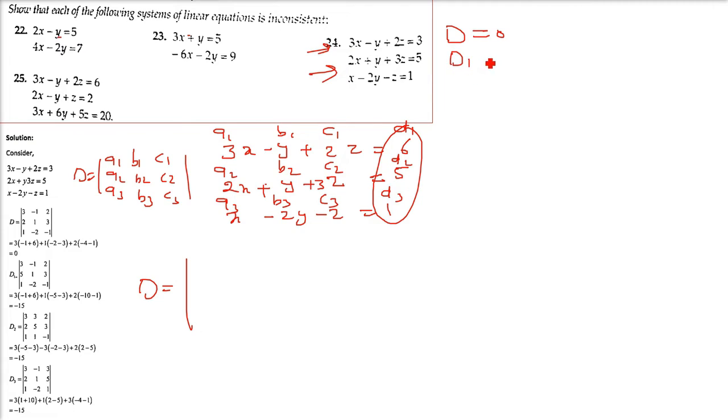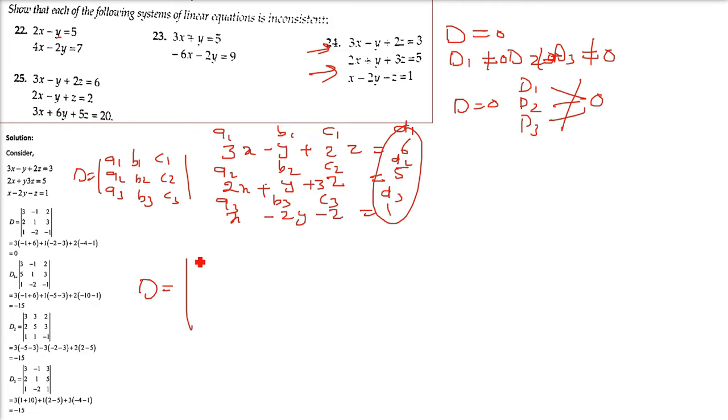But if D is equal to 0, but D1, D2 and D3 are not equal to 0, only then we say that the system of linear equations is inconsistent, right? D1, D2, D3 should not be equal to 0, only D has to be equal to 0.